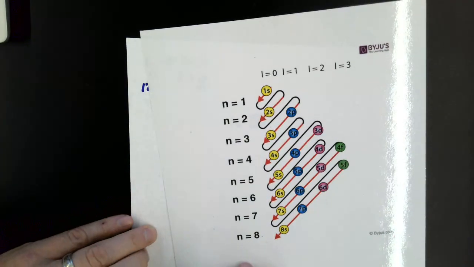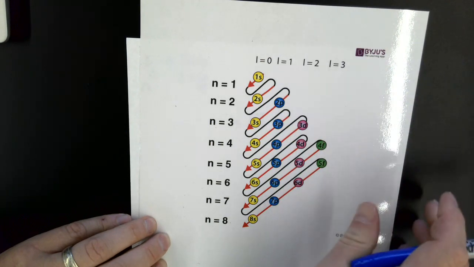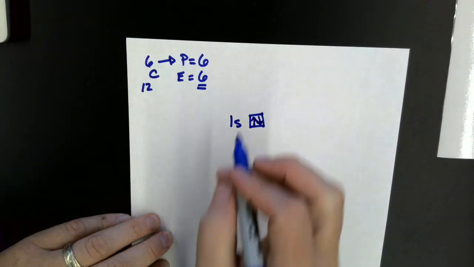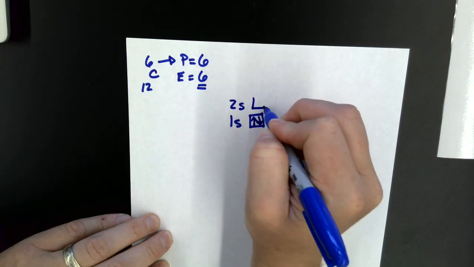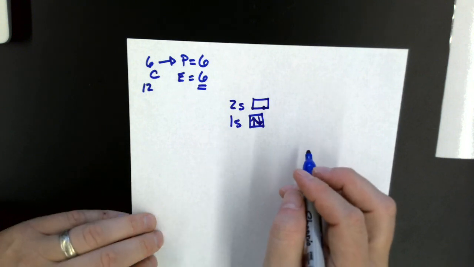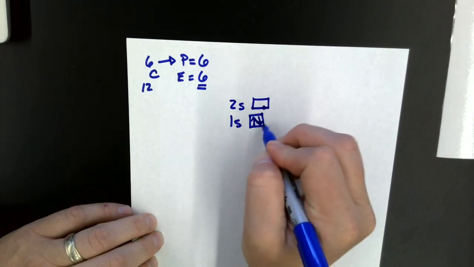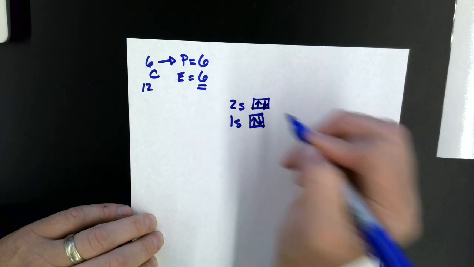So we're going to follow the line from 1s, which gets us to 2s. I'm going to put these in increasing order, showing that they're going up in energy levels. Again, it's an s orbital, so it's only going to contain 2 electrons, 1 up, 1 down.